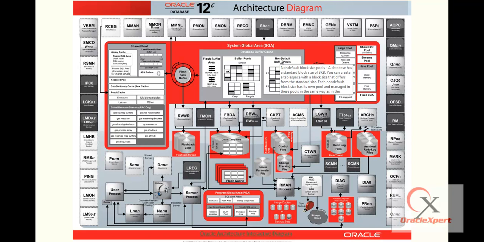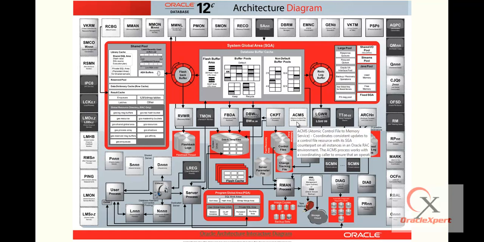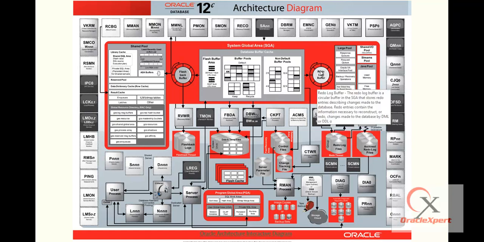The keep pool is intended for blocks that were accessed frequently but which aged out of the default pool because of lack of space using the LRU algorithm. The goal of the keep buffer pool is to retain the data blocks in memory, avoiding unnecessary I/O operations to fetch them back from the disk once they are aged out.